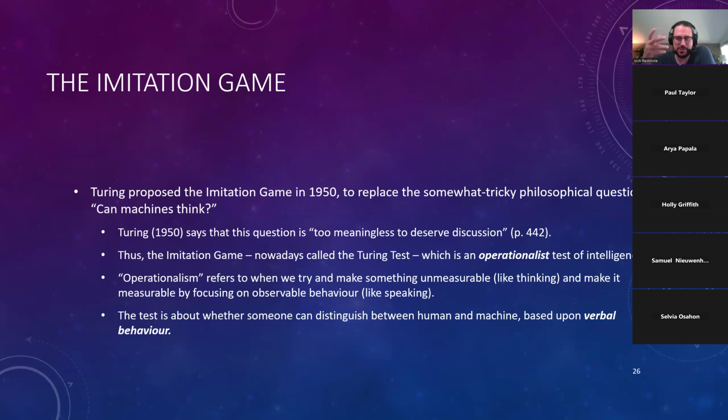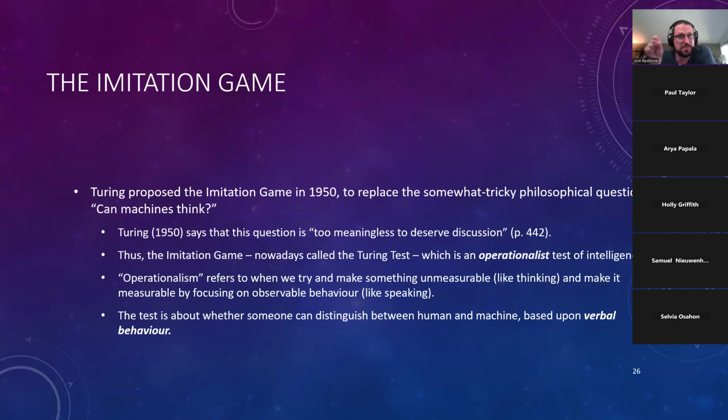And we've encountered this notion of operationalism before. That's when we try to make something that is unmeasurable, in this case, thinking, measurable by focusing on something that is observable and that is associated with it, like speaking. For the behaviorists, for the logical and psychological behaviorists, this was behavior.